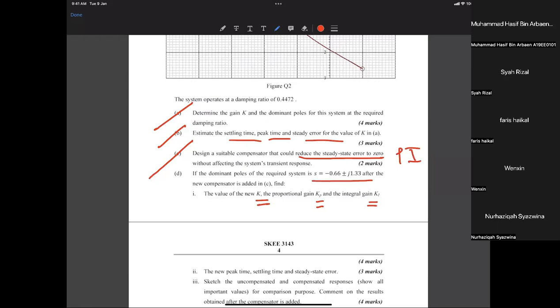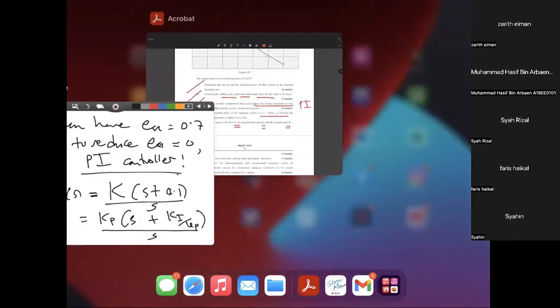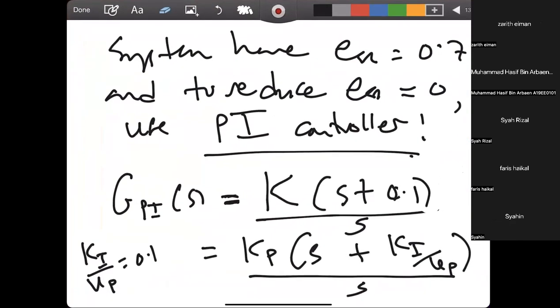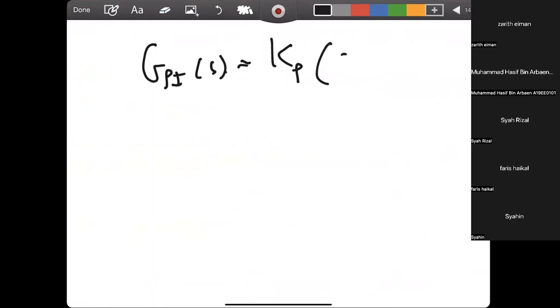The concept is here: Kp is equal to K. So GPI is equal to Kp times S plus Ki over Kp, divided by S.